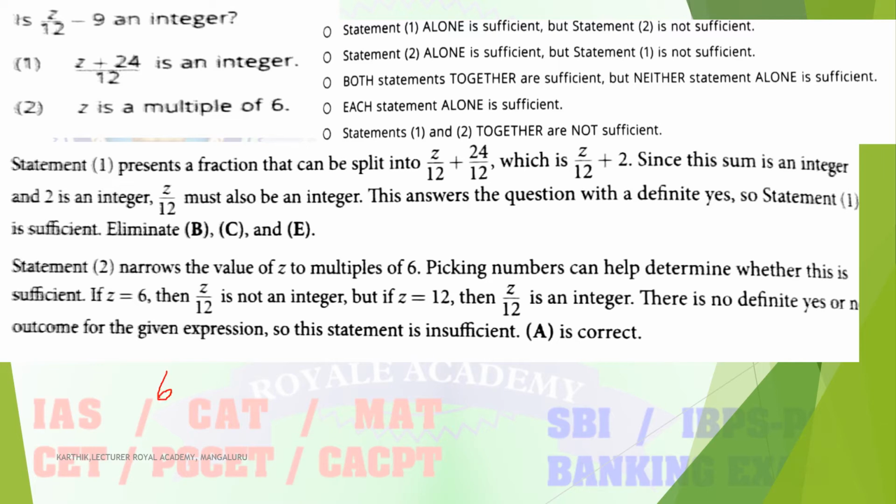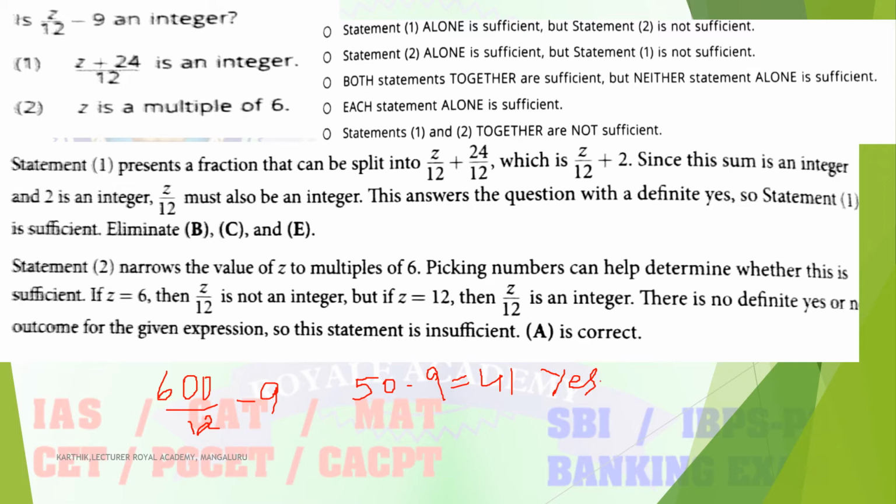Then what happens? 600 divided by 12 is 50, minus 9, so you will get an integer, that is 41. So you are getting the answer yes.